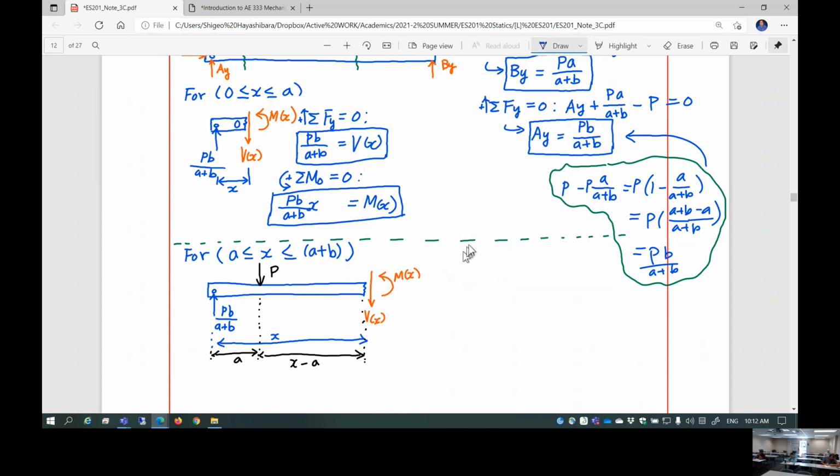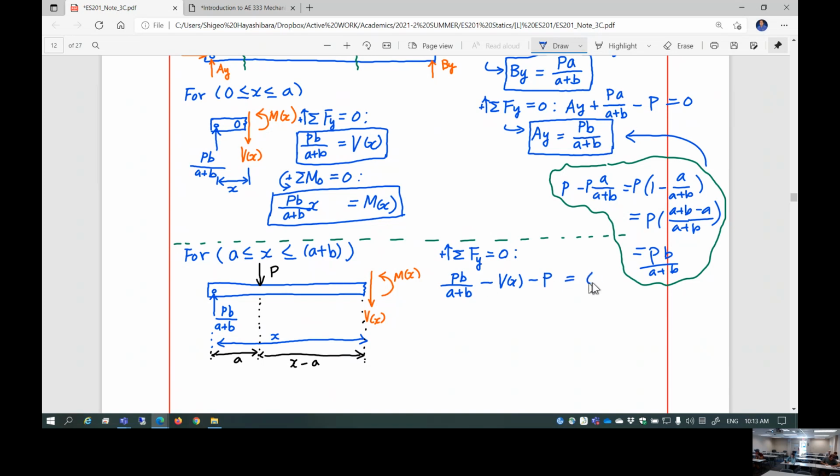Okay, now let's just do the same thing. I'm going to apply for this free body diagram summation of the force in y direction set equal to 0. And what happens? Well, you have P times B over A plus B minus shear force as a function of x, V(x), minus P. This is external force applied.